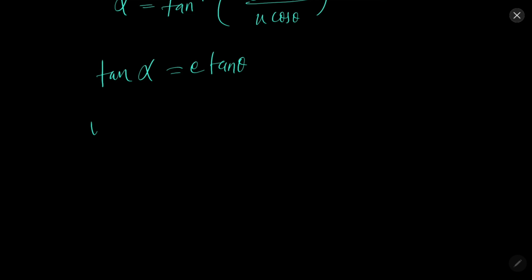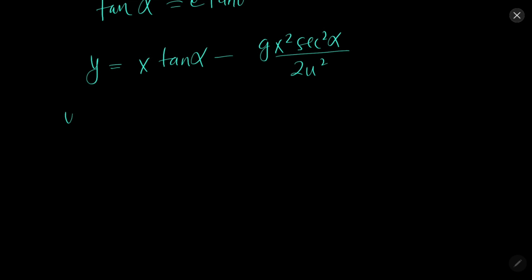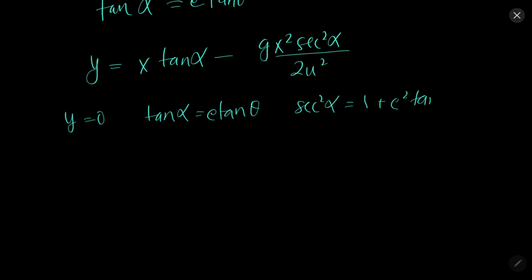We know that y equals x tan alpha minus g x square sec square alpha over 2u square. And now here y equal to 0, tan alpha is E tan theta, sec square alpha is 1 plus E square tan square theta. So u square equal to u square cos square theta plus E square sin square theta.